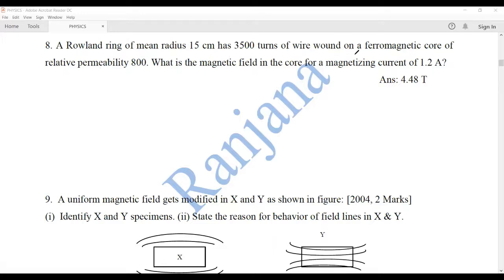But here it is given in the question that in the core there is a ferromagnetic material whose relative permeability is 800. So now the magnetic field inside the core of the toroid will be given as mu naught into mu r, the relative permeability, into the number of turns per unit length into I.